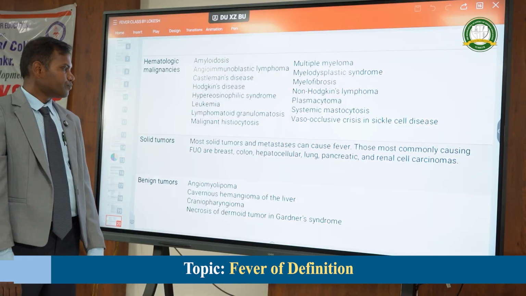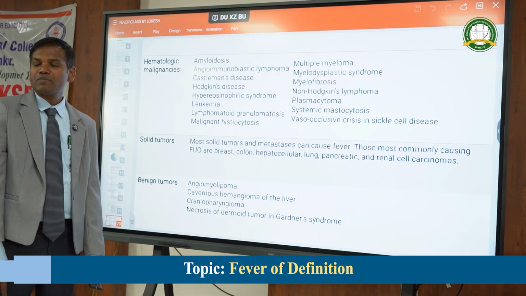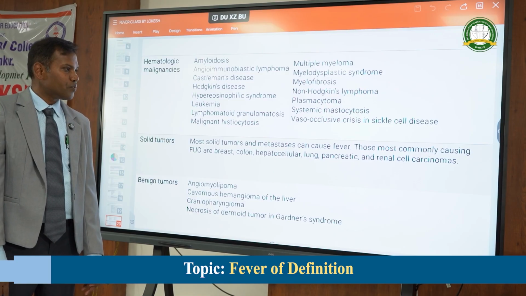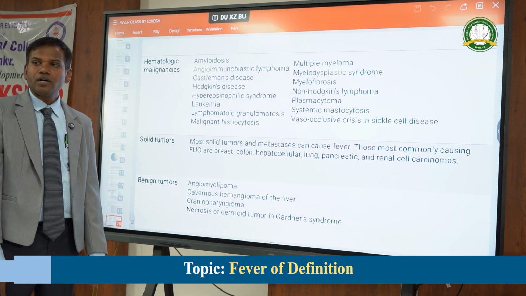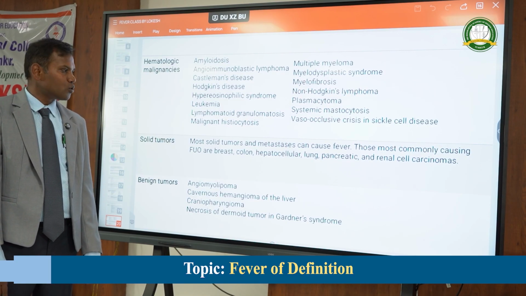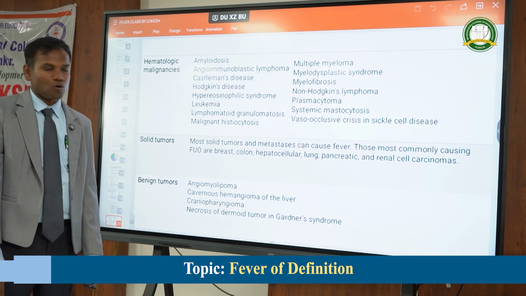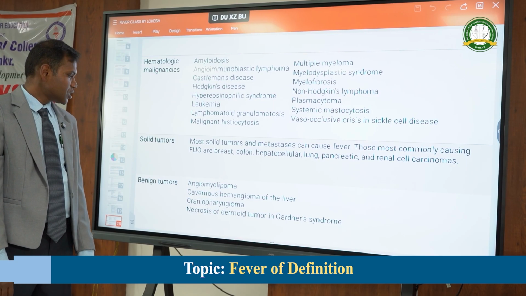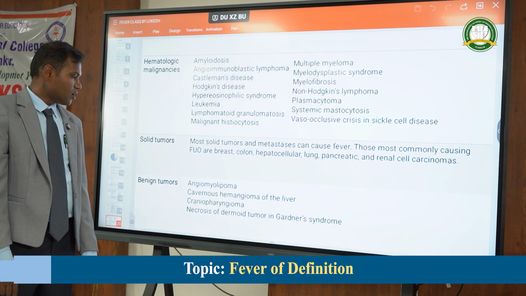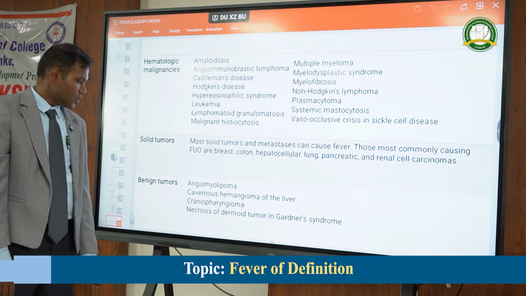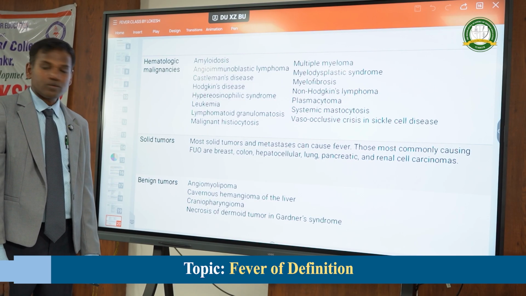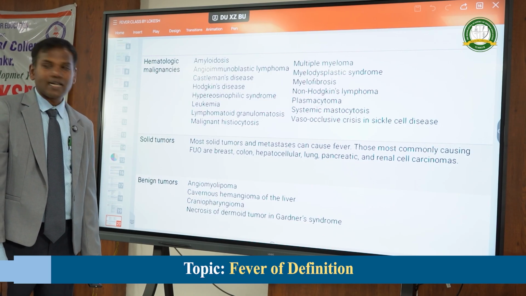Solid tumors, most of the solid tumors metastasize and can cause fevers. Commonly we include breast carcinoma, colonic carcinoma, lung carcinoma, and pancreatic and renal cell carcinoma. Benign tumors: angiomyolipoma, cavernous hemangioma of the liver, craniopharyngioma, necrosis of dermal tumor in Gardner syndrome.